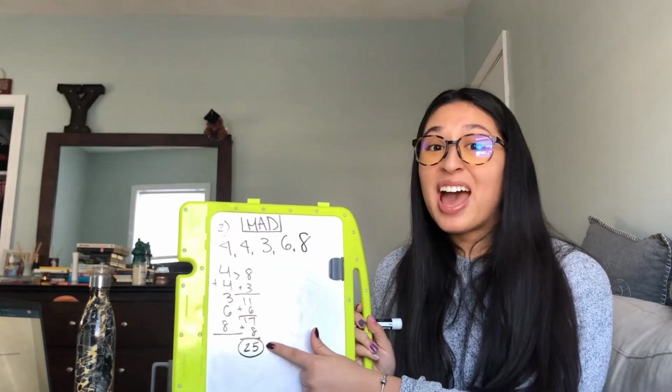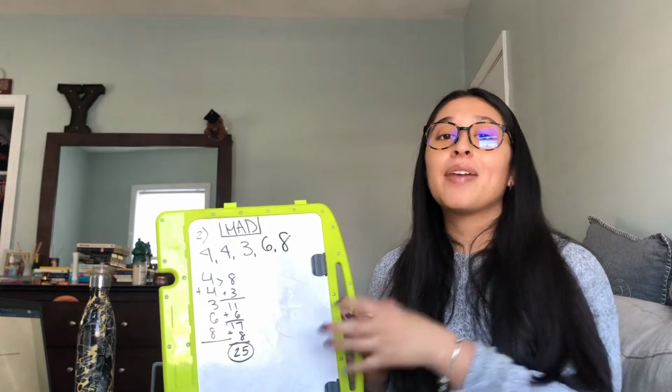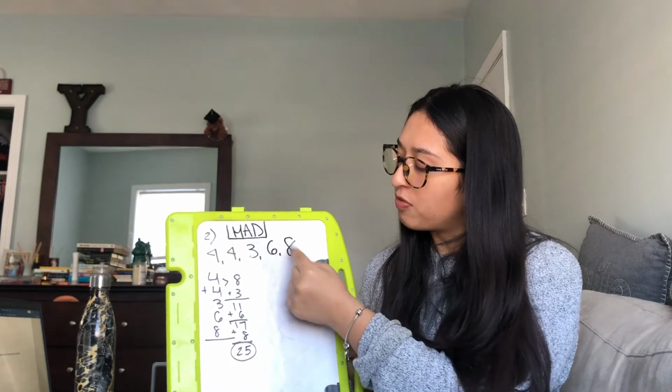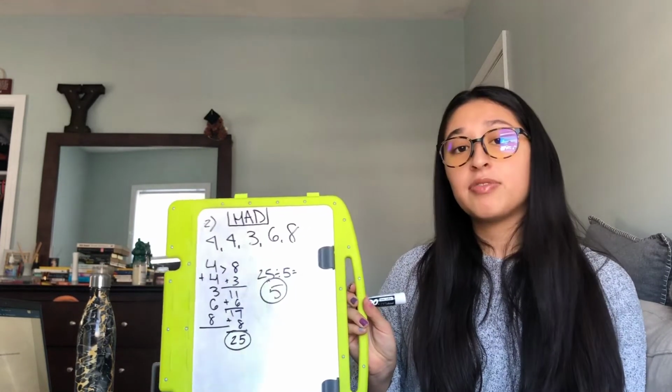That's what I got when I added up all of those values, and now I have to divide by the total number of values. 1, 2, 3, 4, 5. 25 divided by 5 is going to give me a mean of 5. So that's my first step, to just find the mean, and I'm going to go ahead and label that.